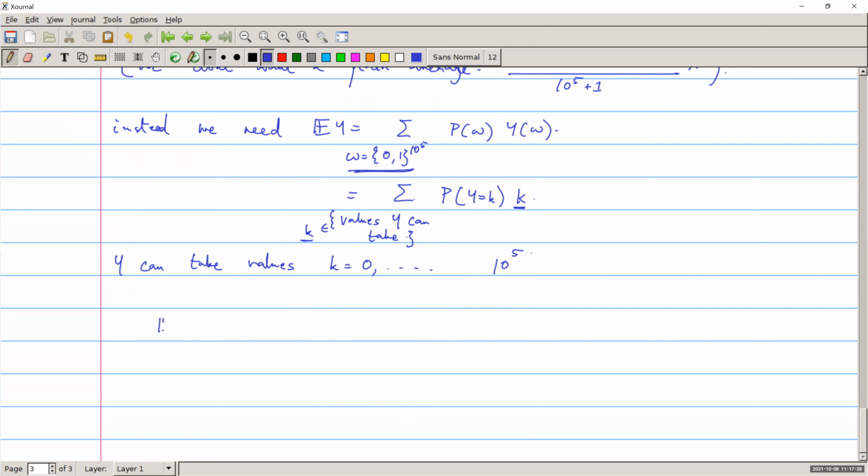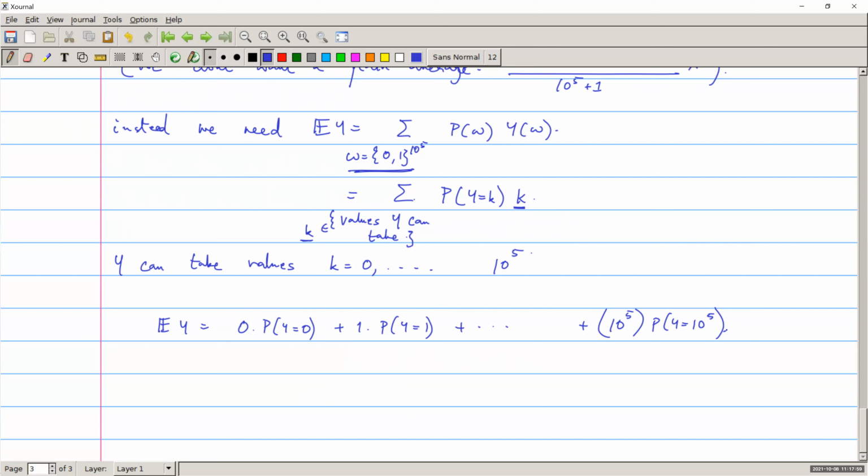We would write expectation of y equals 0 times the probability y equals 0, plus 1 times probability y equals 1, plus 2 times probability y equals 2, all the way to 10 to the 5 times probability y equals 10 to the 5. So instead of just taking a plain average, we weight every value that y can take by the probability. So we take a weighted average.